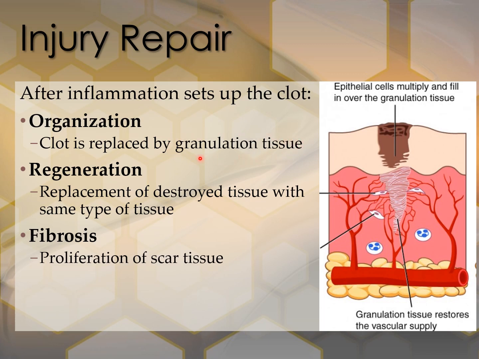Fibrosis is just a proliferation of that scar tissue, which is really that granulation tissue. You get an excess of those collagen fibers, so you just get a really fibrous tissue. It's not necessarily as perfect as it was before, and it's not quite the same tissue. That's why we call it fibrosis, because it's made up of all those fibers. So if we look at our picture, our epithelial tissue is great at recovering.